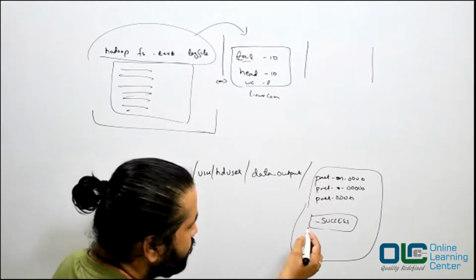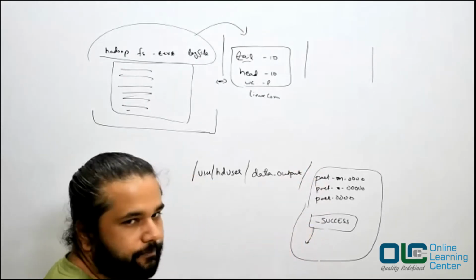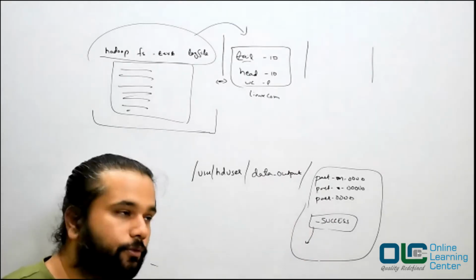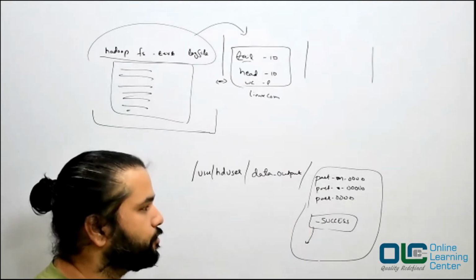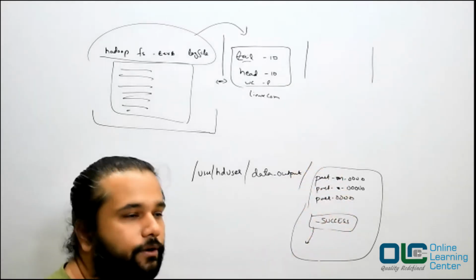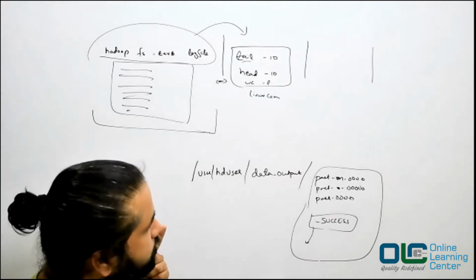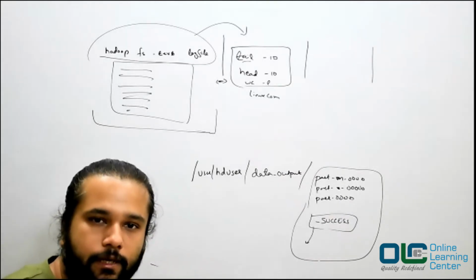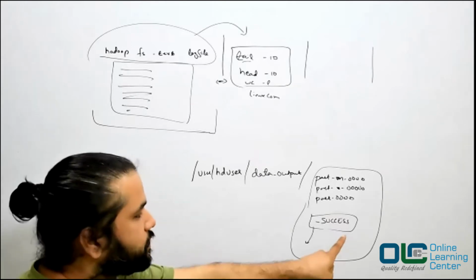So what you can do is just create a blank _SUCCESS file, and you can make your Spark job and MapReduce job understand that this is already processed data, right? Whenever we are given a path, we check if the path contains a _SUCCESS file or not.